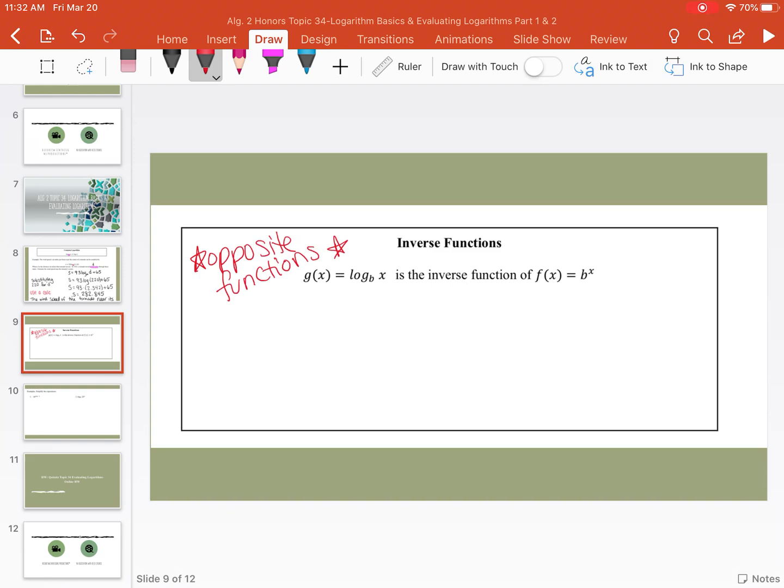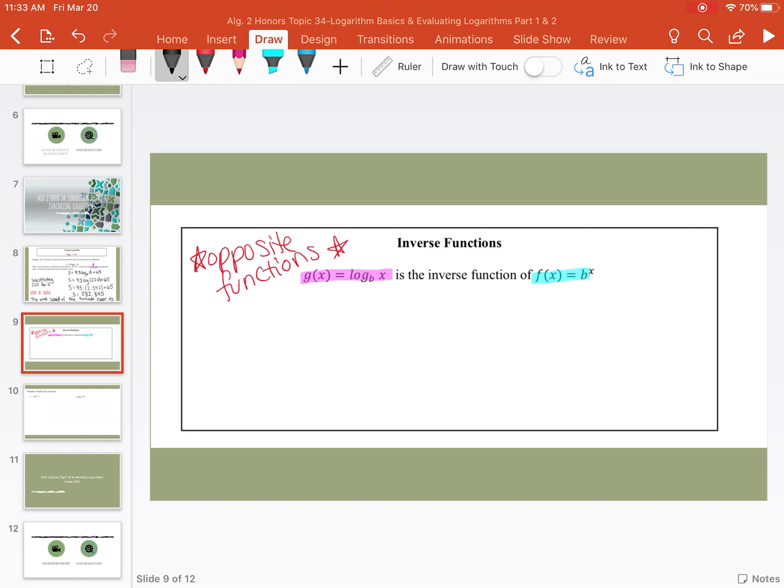They will undo each other. So here, our inverses are g of x equals log base b of x and f of x equals b to the x. So these two functions will undo each other. So let's see this in action.